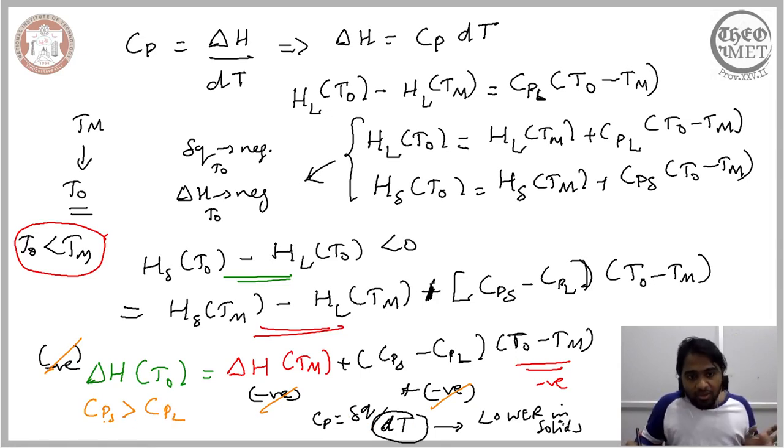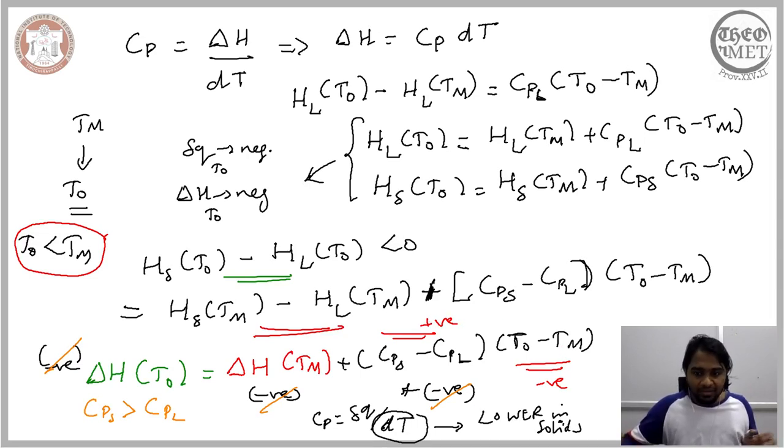So when you have this relation, this term becomes positive, and the adjacent term, the other term, becomes negative. So ultimately the entire term is negative.